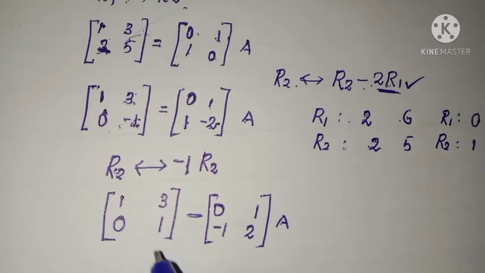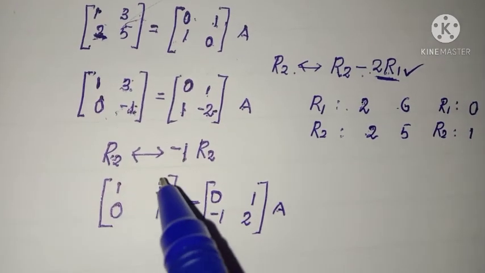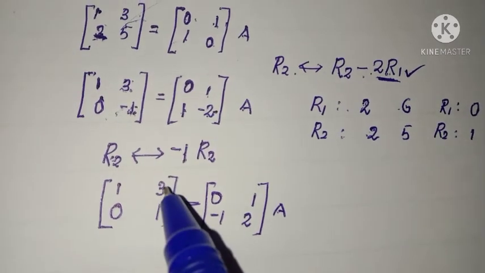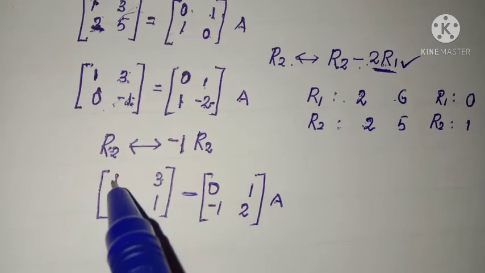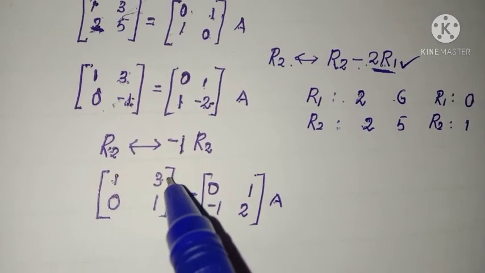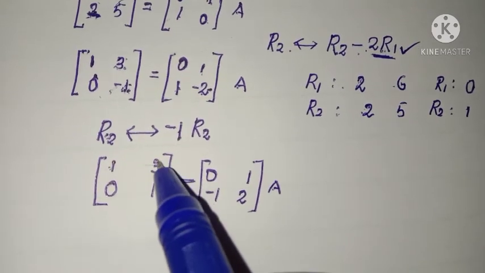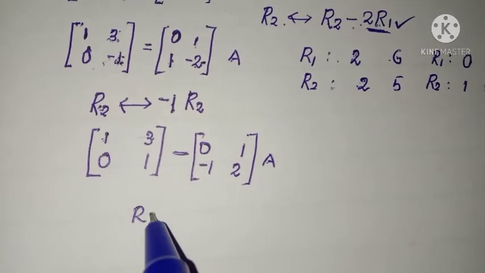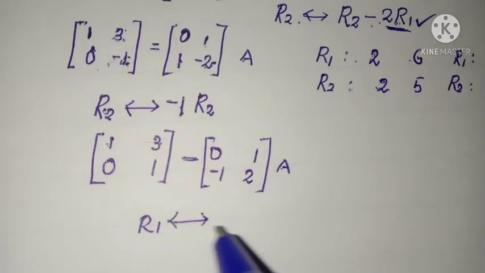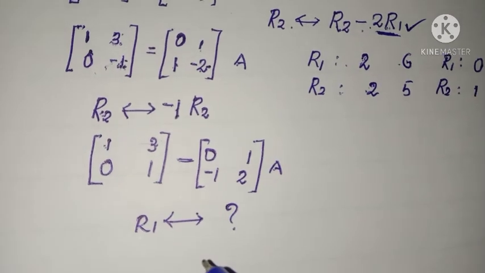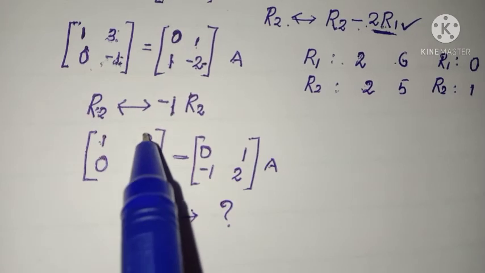Okay. Now, last step, we need to convert this 3 as 0. Okay, 3 as 0. Now, 3 belongs to the first row. So we need to change the first row. So there is a transformation on the first row. Listen, we are going to convert this 3 as 0.